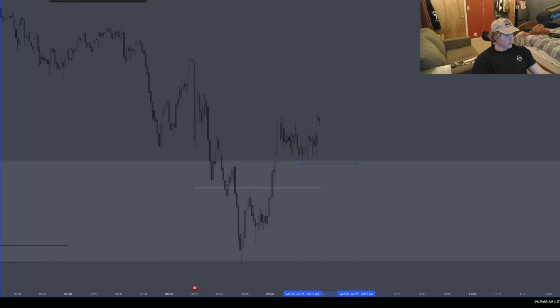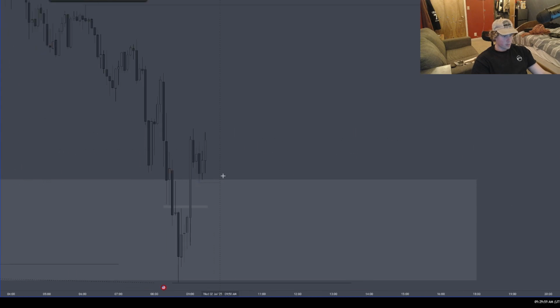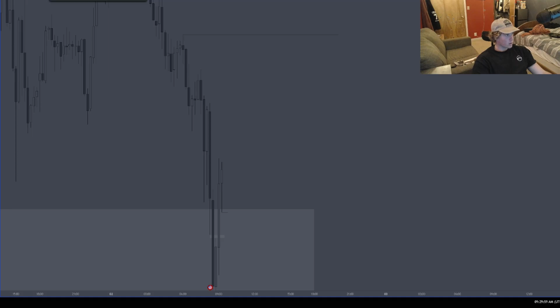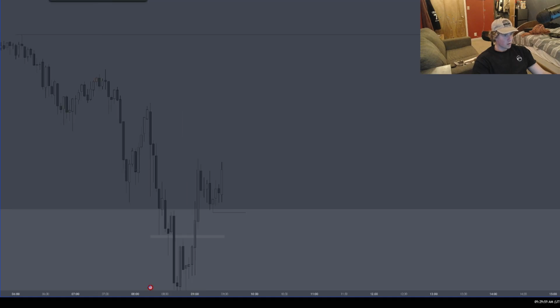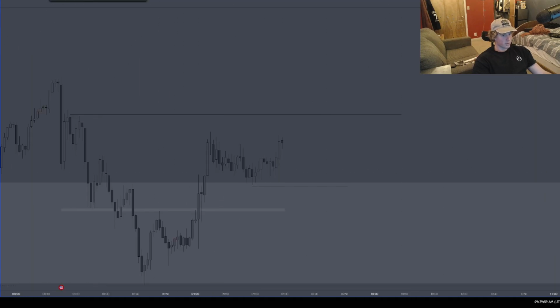Alright, I like this 5 minute as a soup. And then we'll go break even here if we get a trade. Let's see if we go lower first.